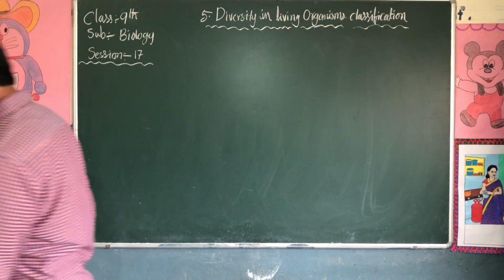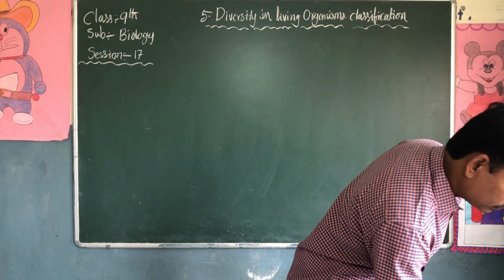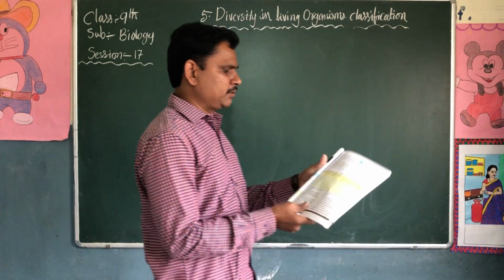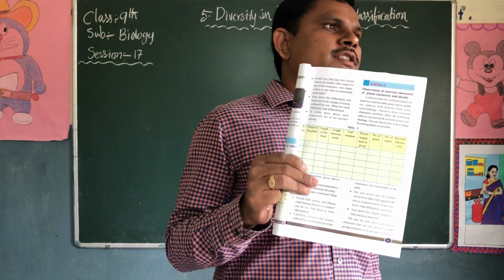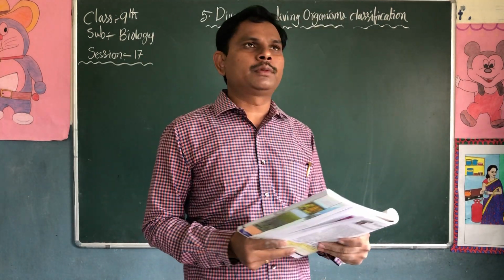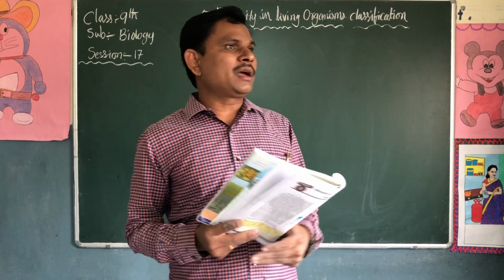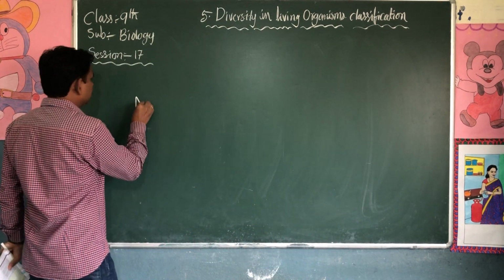Again, table 2. Information is not given, but look at table 2, they have given the observation of external characters of the plants. What observations are given?